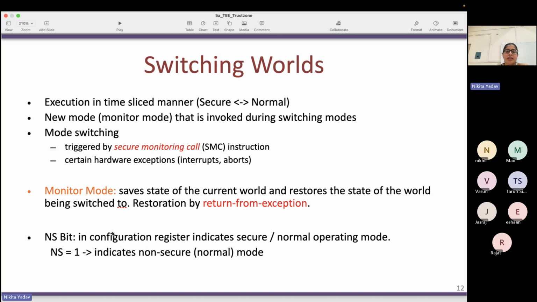Now, how do you distinguish between these two worlds? We distinguish between the different layers, like the OS layer, the monitor layer, and the application layers, with exception levels: exception level 0, 1, 2, 3, and so on.